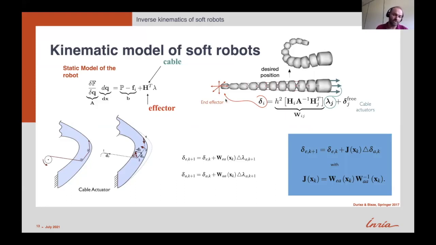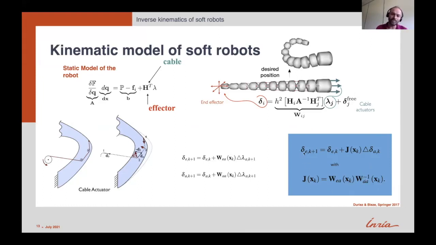And you can add a new constraint for the end effector position. So the variation of the motion of the end effector position is related also to the force in the cables. And basically you can inverse this equation, so inverse WAA, because it's a square matrix.